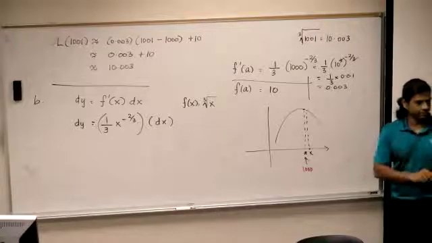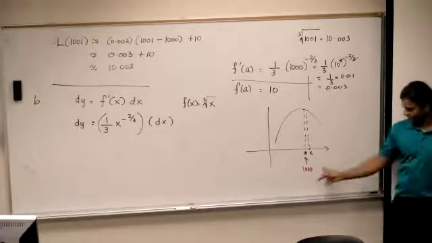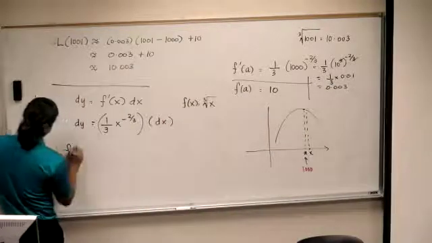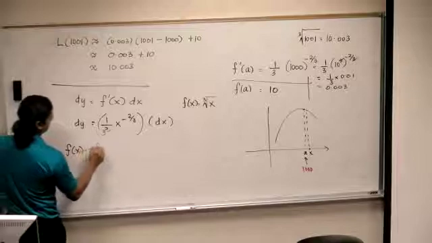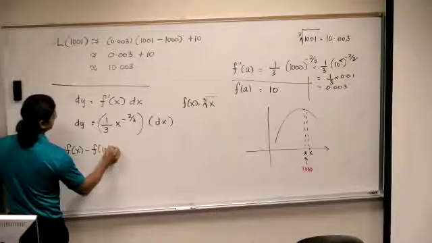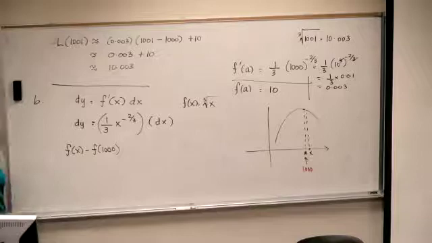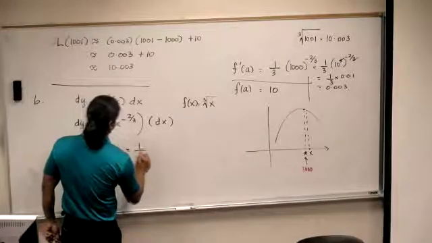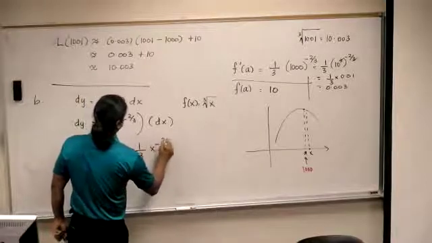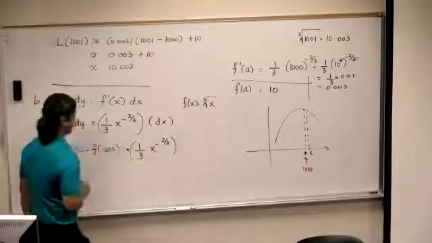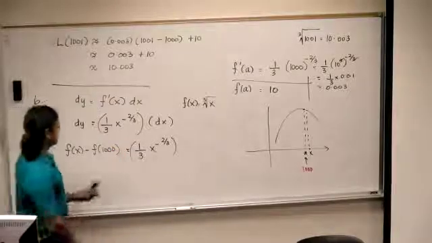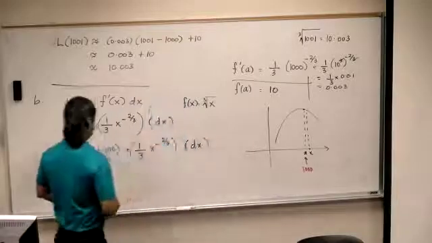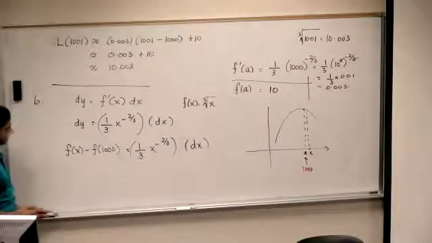How would you write it? f of x minus f of a, multiplied by dx.